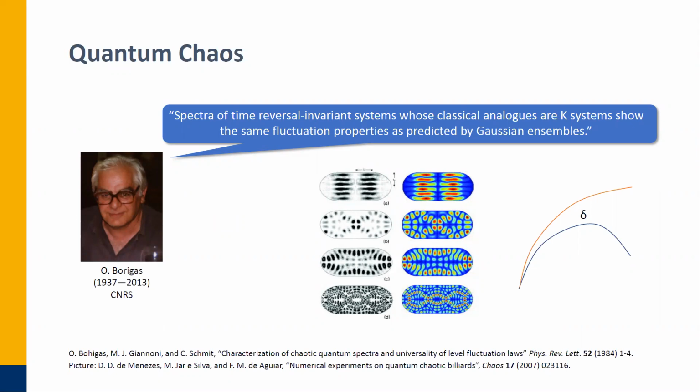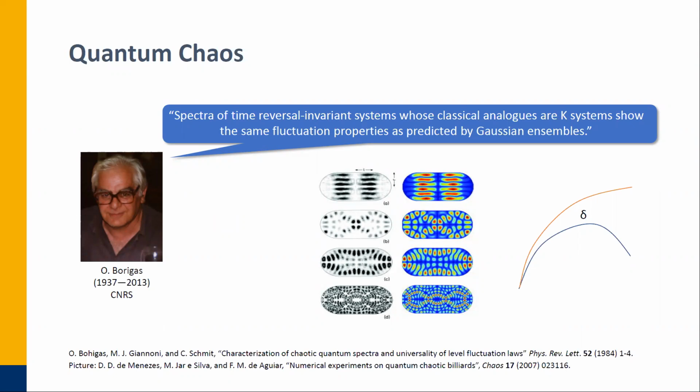So we have this guy, Bohigas, and he stated this: if your quantum system's classical counterpart shows chaotic behavior, then the quantum system is going to have fluctuations that are predicted by Gaussian ensembles. Was it clear? More or less. If a classical system has chaos, the quantum system is going to have fluctuations that are dictated by a Gaussian ensemble.